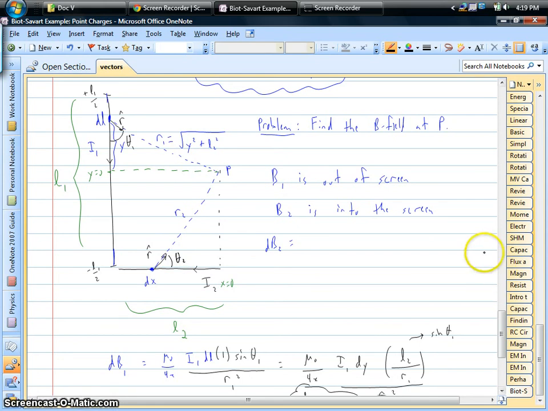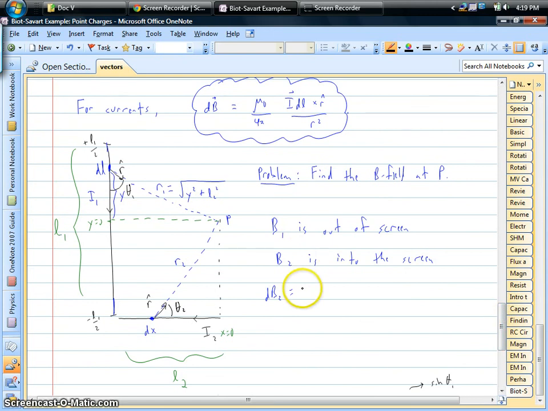Okay? So what this is going to look like, using our Biot-Savart rule, is our constants. We have current 2 now. The length of that little chunk is we're calling dx. Now the x is going to be our variable now. The other sides of this triangle: this is going to be half of L1 in the vertical direction, and our horizontal leg is just x.